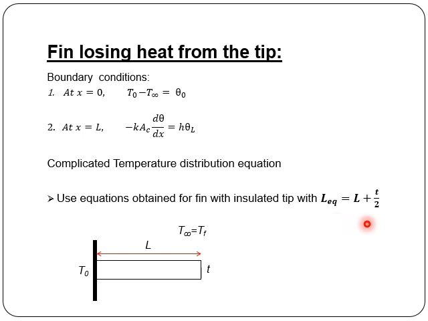So when you consider L as L equivalent, equal to length of the fin plus half of the thickness, then the value of the temperature distribution equation or the value of effectiveness and efficiency which you obtain will be near to the correct value for a fin losing heat from the tip. So this simple logic can be applied and you can simplify the expression for the temperature distribution and parameters for a fin losing heat from the tip.